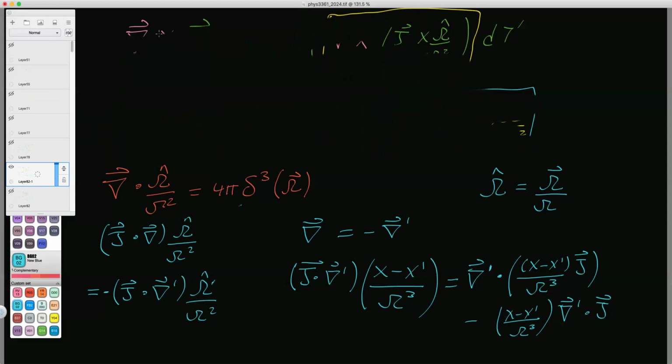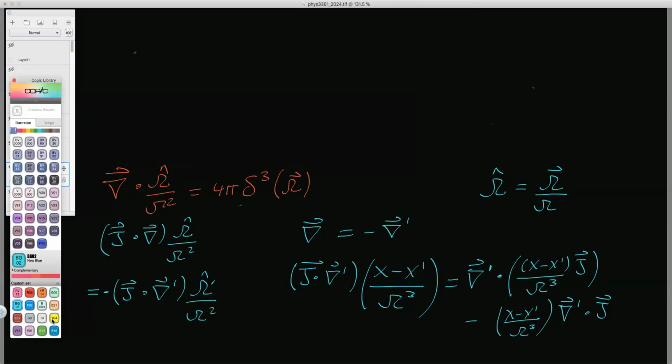We'll erase all this too because we'll come back. All right, so now we're only dealing with this guy here. And we're still only dealing with one term, meaning one component. If we do it for one component, it's true for all the components. Okay.